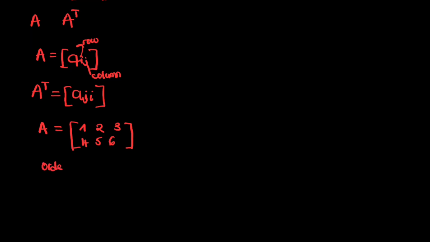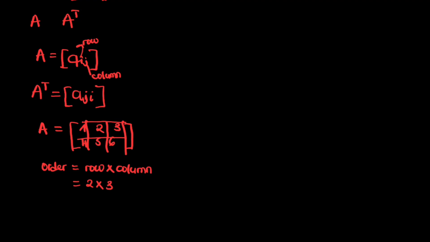Remember, the order of the matrix is simply row by column. So let us count the number of rows. We have 1 and 2. So we have 2 rows, and how many columns? Let's count. 1, 2, 3. So we have 3 columns. So our order is 2 by 3.